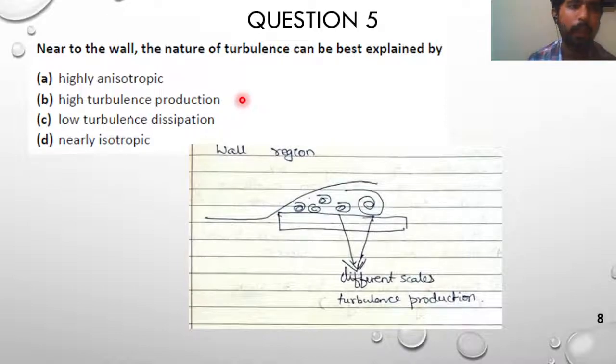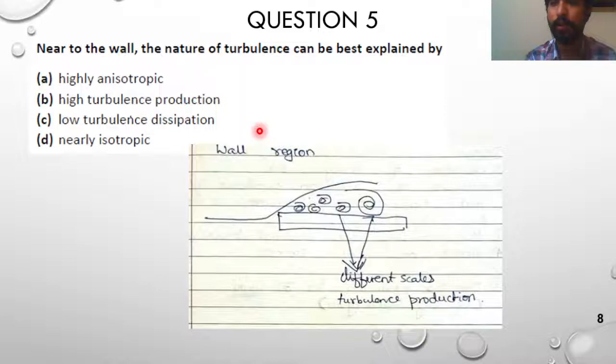And if you see the turbulence production, you have the other option, low turbulence dissipation. Near the wall, turbulence gets produced because of the wall effect.